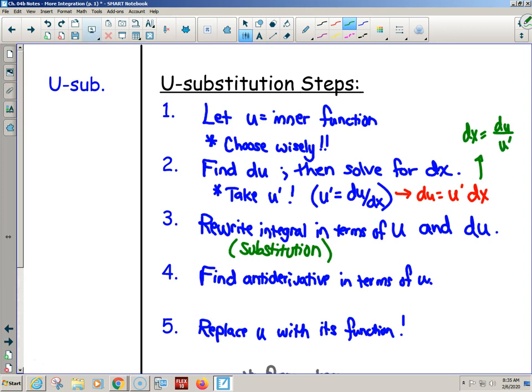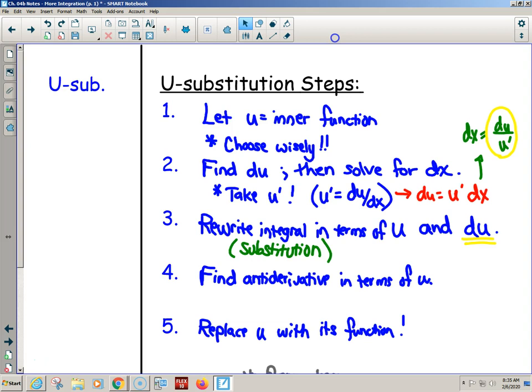We're going to take whatever we get here, solve for dx, and we're going to use that for our substitution step. Getting rid of the dx and getting in the du. That's kind of how we're always going to do that du step. Some of you might start to, as you get the hang of it, do some mental math and go a little bit quicker, but just to be safe, we're going to show the work.